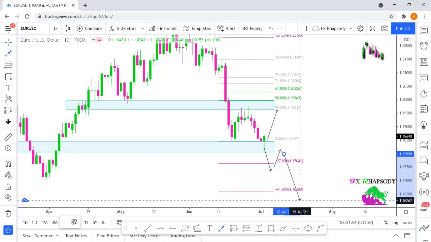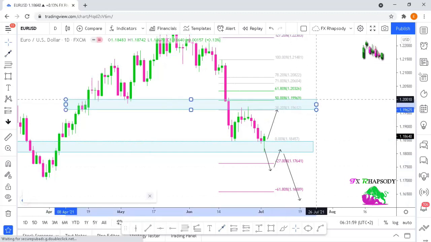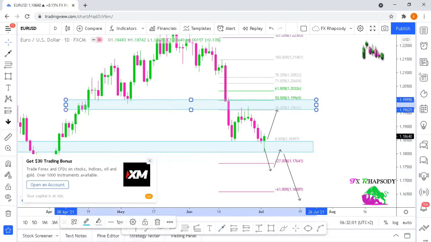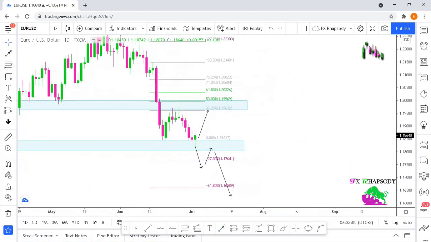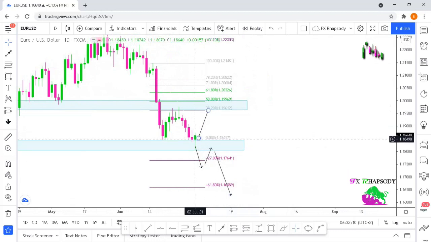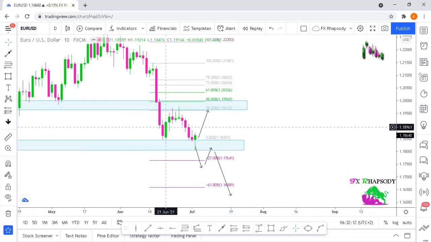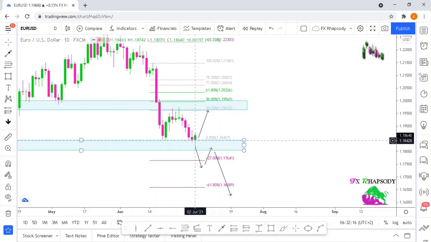Let's expand this a little bit so you can see better. There we go. That is my scenario, or what I'm expecting price to do. Again, we're not predicting the price, we're just reacting to what it does. From here we're going to go to the lower time frames, the 4 hours, and look for confirmation. Currently we are seeing price trying to move to the upside.